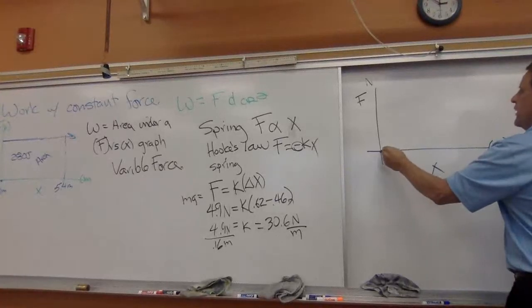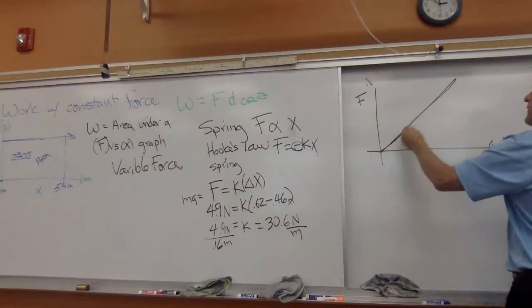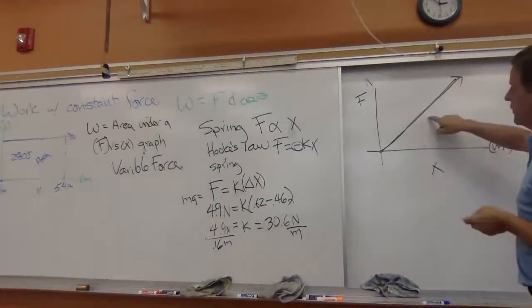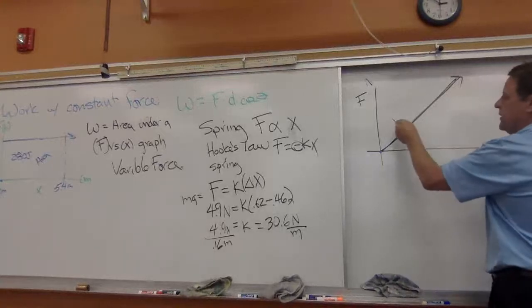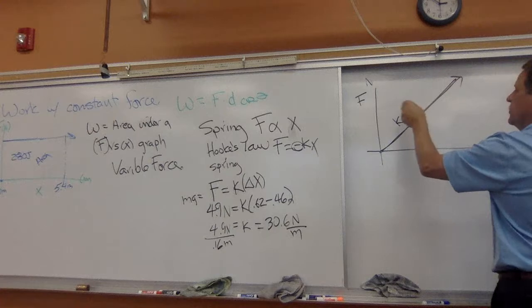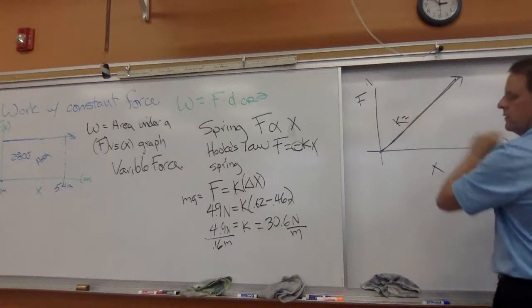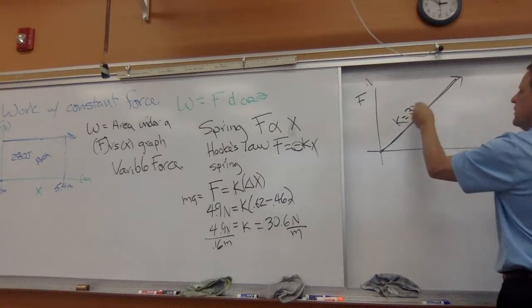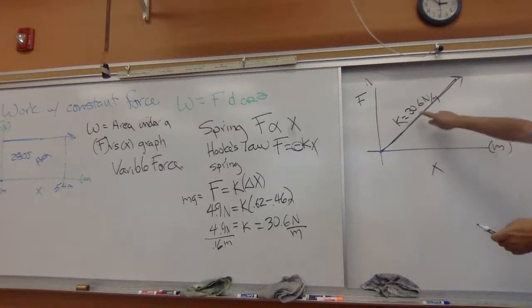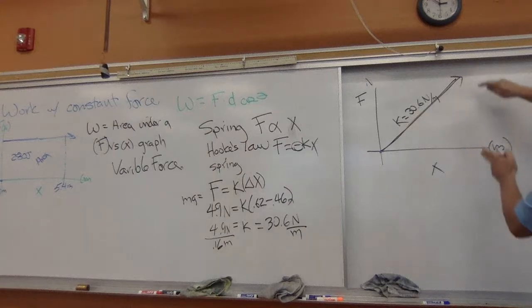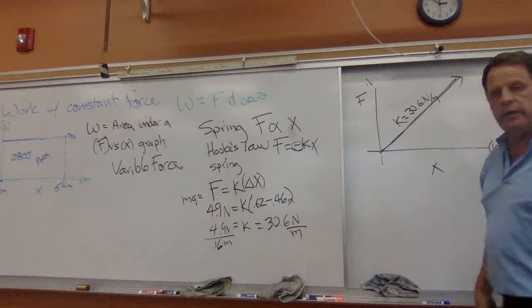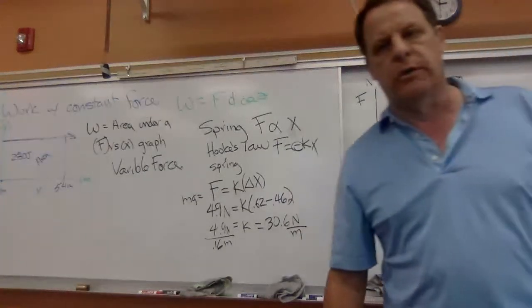This time we're going to have a slope, and this slope for a spring is equal to the k value, which is 30.6 newtons per meter. Remember, that right there is the slope. That would be rise 30.6 divided by run, which would be 1 meter.